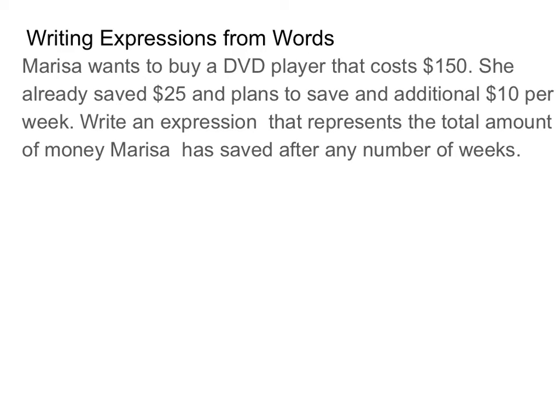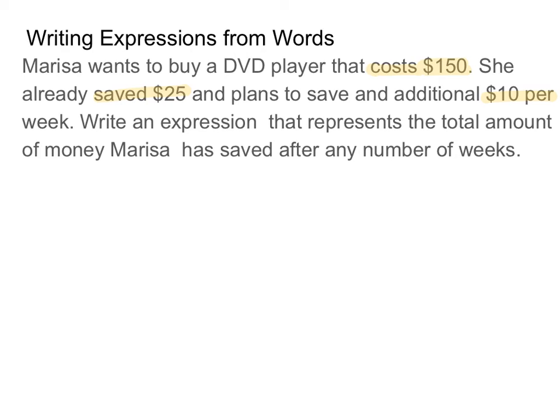So first we have to come up with our important words, right? So I'm going to highlight, we do have that the DVD player costs $150. So I'll put cost $150. She's already saved $25, and every week she's going to save $10 more to help pay for this DVD player.